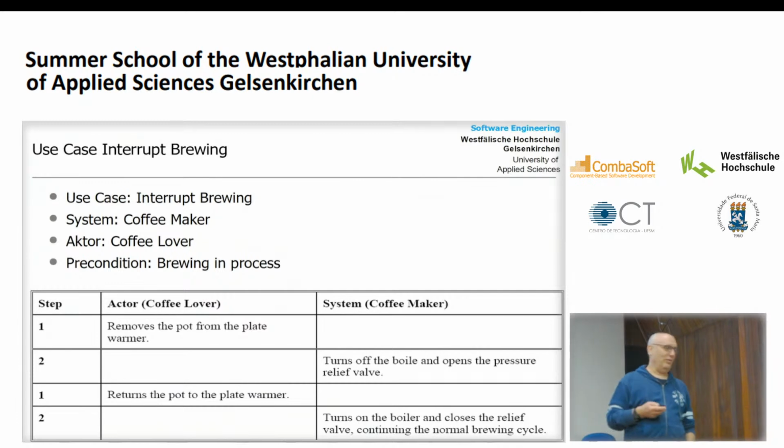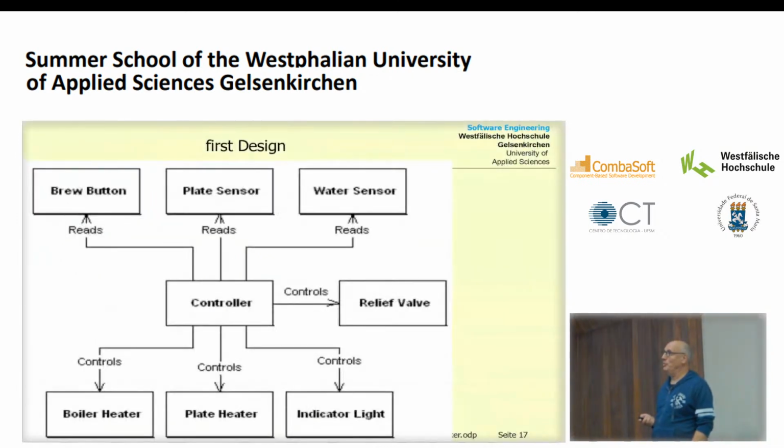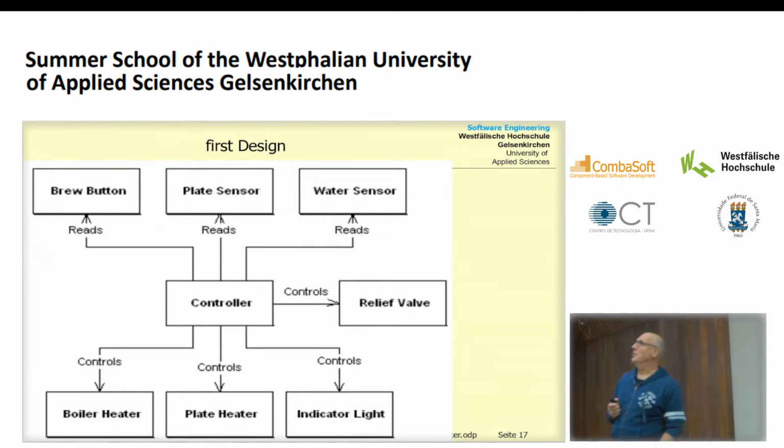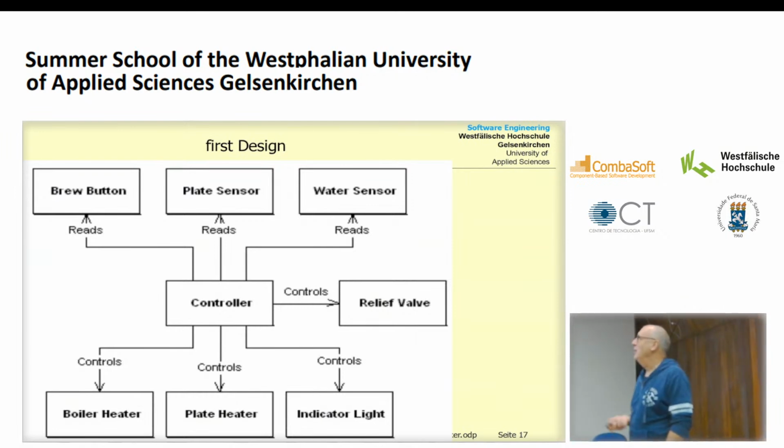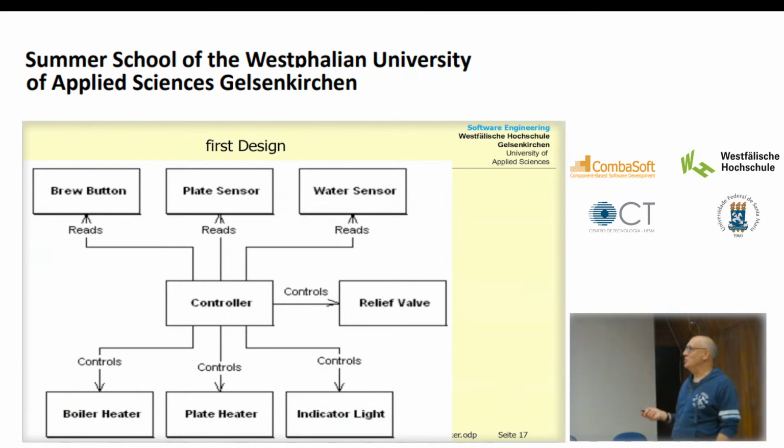So you see, it's a lot of documentation. Now comes what I tell the students, which is different to information systems. If you have a technical system, at this point, first design, you integrate a controller, which controls the system.